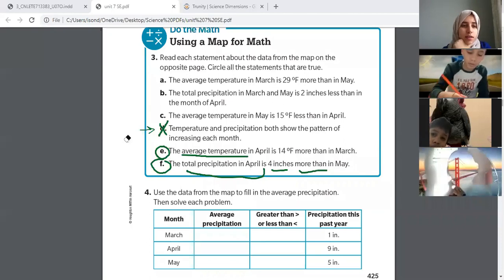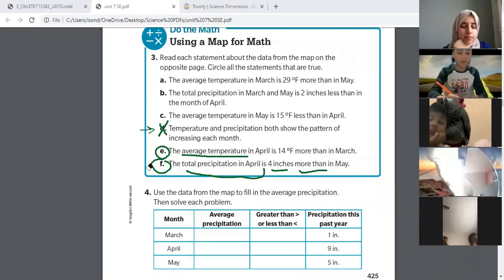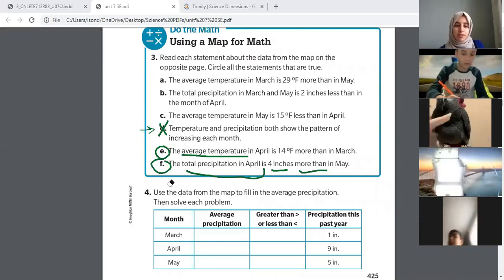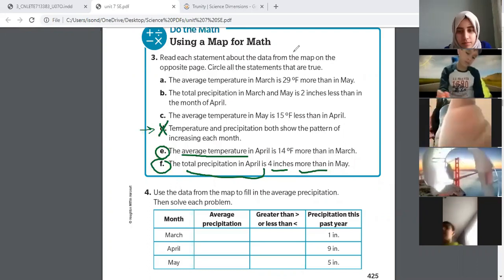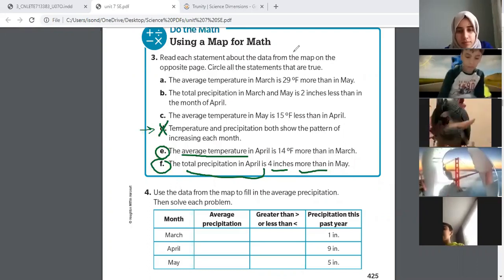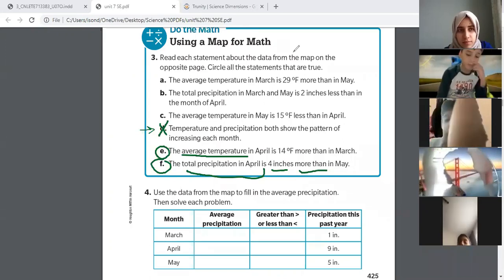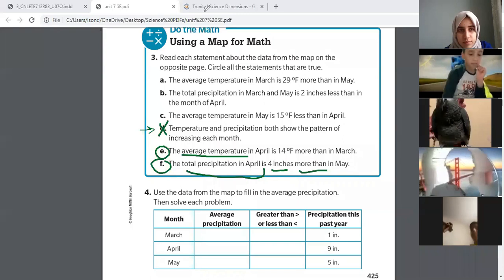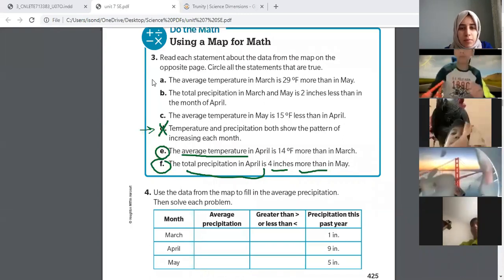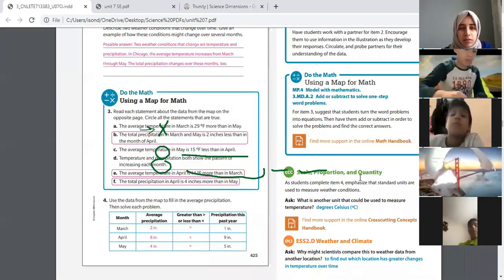Azza, do you want to help me with the next one? Yes. Read it, please. Use the data from the map to fill in the average precipitation, then solve each problem. So I'm going to try to open a picture of the map here.